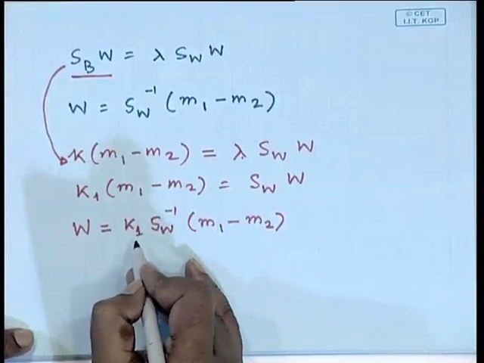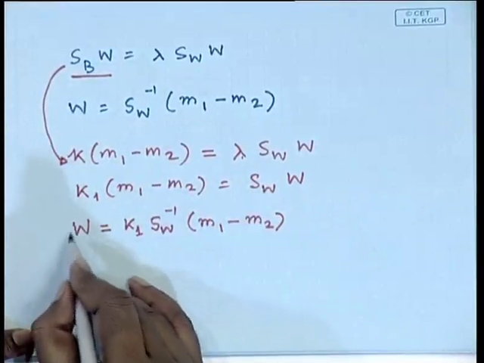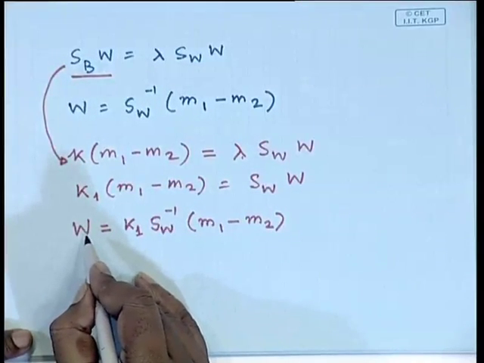If I increase the scale factor, the separation will be more, the points will be more spread. If I reduce the scale factor, the separation will be less, points will be less spread. So, both of them, the separation between the classes as well as the variance in the projected domain, vary simultaneously depending upon the value of k in the same scale. So, this scale k or k1 is not that important. What is important is what is the direction w.